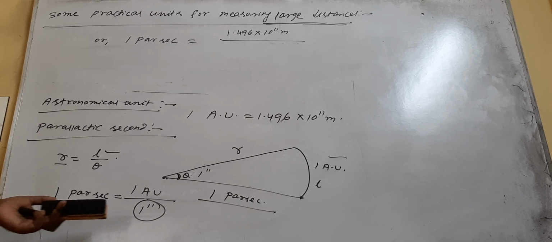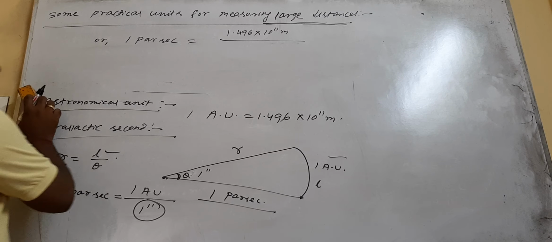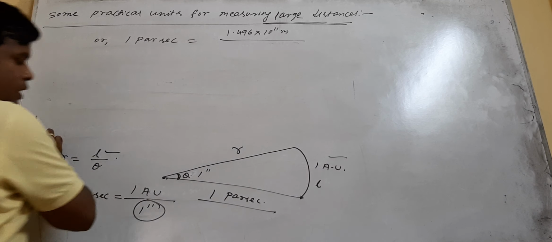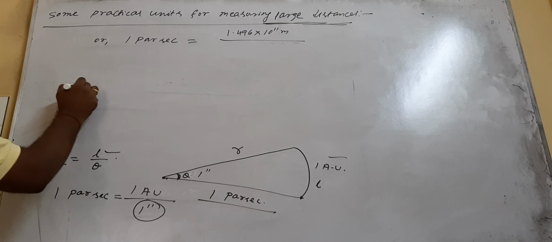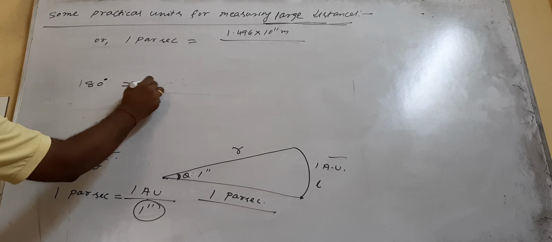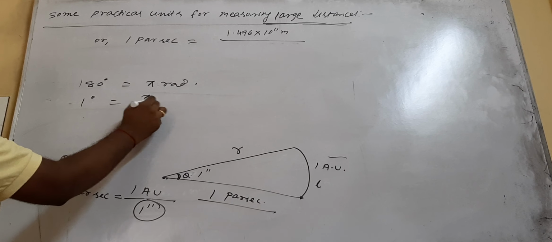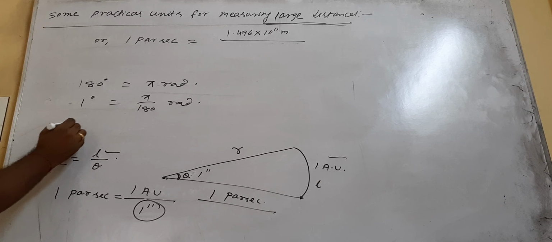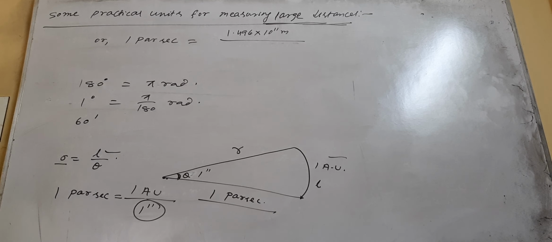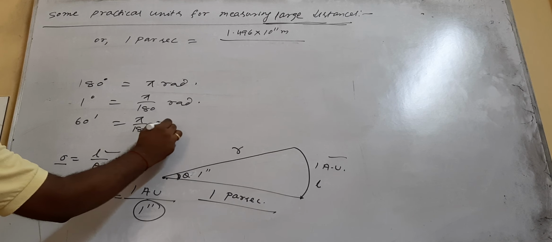It is not the SI unit of angle. SI unit of angle is radian. You have to convert arc second to radian. You know 180 degrees is pi radian. 1 degree is pi by 180 radian. 1 degree, that is 60 minute, is equal to pi by 180 radian.